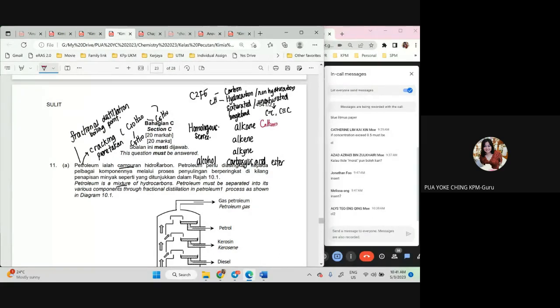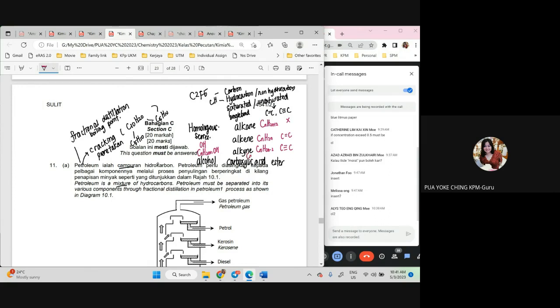CnH2n plus 2, tiada functional group. CnH2n, C double bond C sebagai functional group. CnH2n minus 2, C triple bond C sebagai functional group. Alcohol CnH2n plus 1 OH, functional group, hydroxyl group.